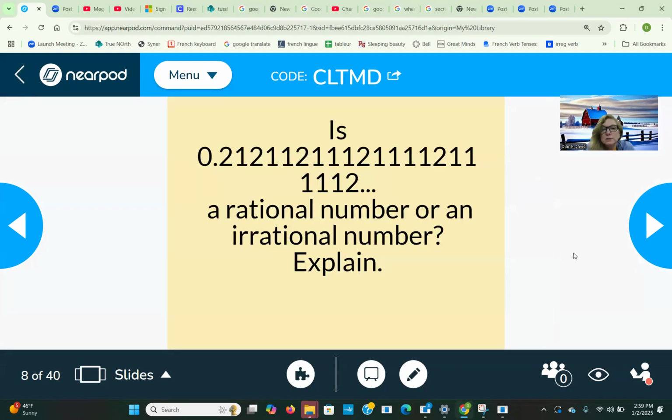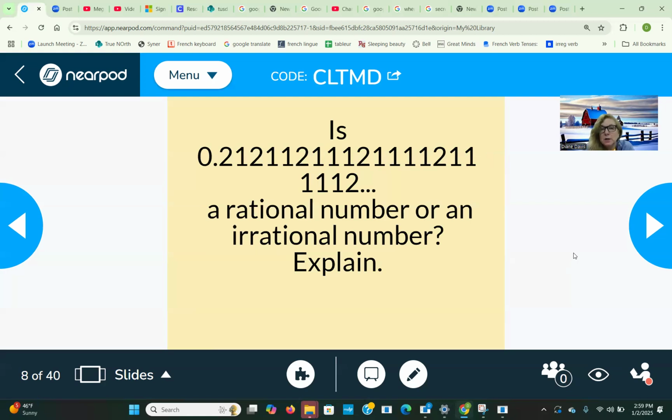Is 0.21212 a rational number or an irrational number? Explain. Okay, so the rational numbers, you're going to check for 2 things. Is it repeating? If so, it's rational. Is it terminating? Well, we have ... so that's not terminating.